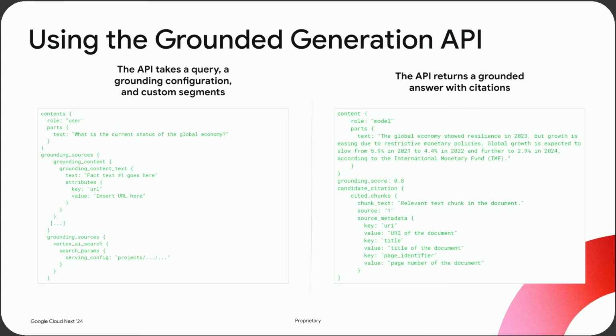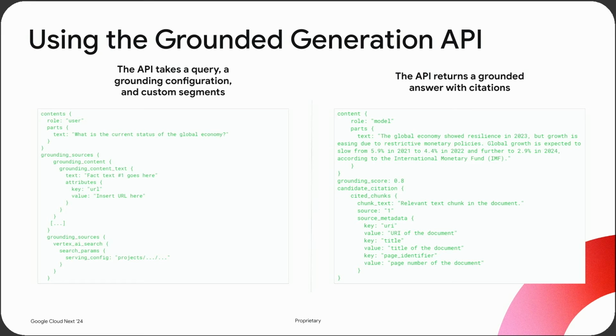This also has the ability to do multi-turn support with multiple questions from the user. And then you specify different sources that you want to use. There could be text chunks that you have retrieved, or it can be a Vertex AI search data store. And then on the right-hand side, you can see the answer that is being generated, talking here about how the global economy is doing.